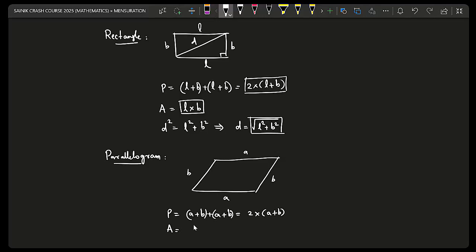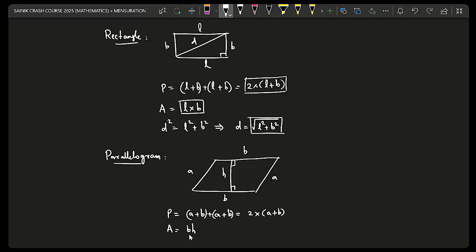If you want to take B as the base, you can write here A, B, A, B. You can even take A as the base, no problem. The perpendicular distance between these two parallel sides, let us call it H. Now the area of the parallelogram is given by base into height.